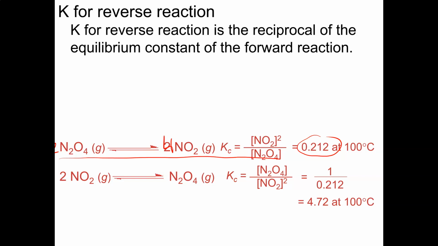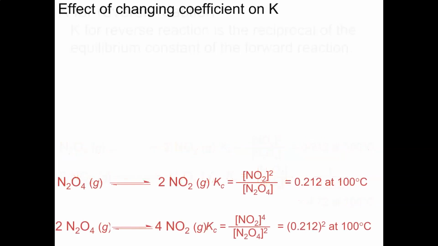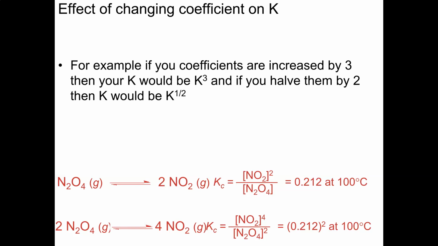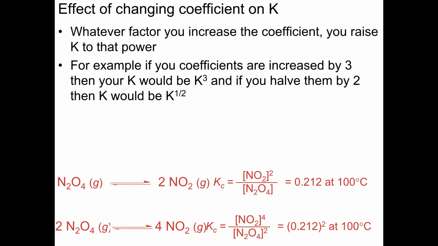Whatever you do numerically to the reaction, you will create that as your exponent for the K. Well, what's K to the 1/2? Square root. That's what 1/2 means, basically, right? So that's how the math plays out. So for example, if your coefficients increased by 3, then your K would be K to the 3rd. If you halve them, the K would be K to the 1/2. So whatever factor you change it by, that's what you're doing to the K.